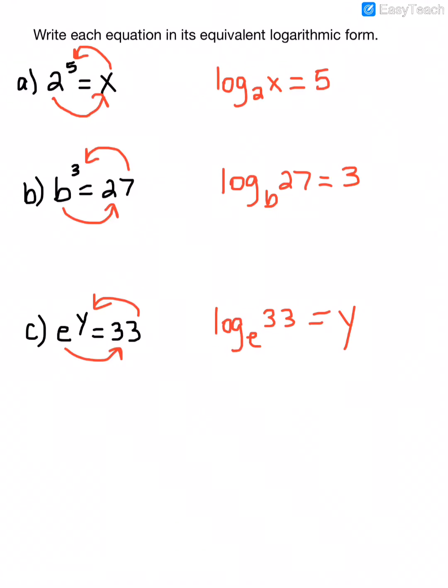And for any of these, if you wanted to write it the other way, starting with what it's equal to, y equals log base e of 33, that would be fine too. We're going to talk a little bit more about log base e in a minute. But for now, this is the way that we change an exponent into a logarithm.